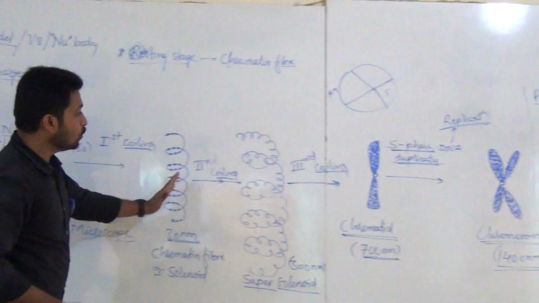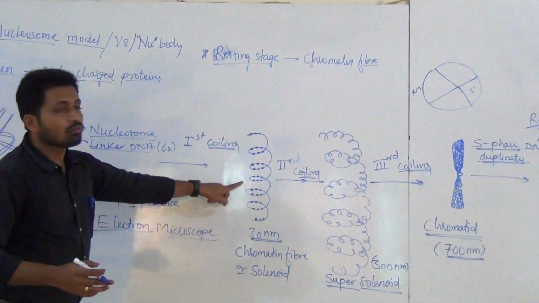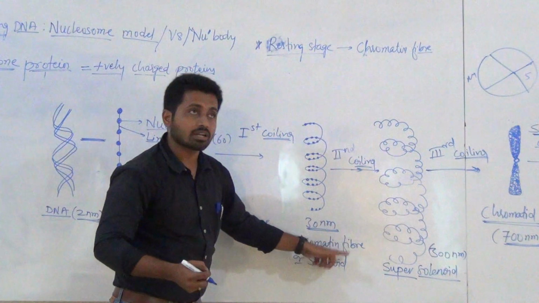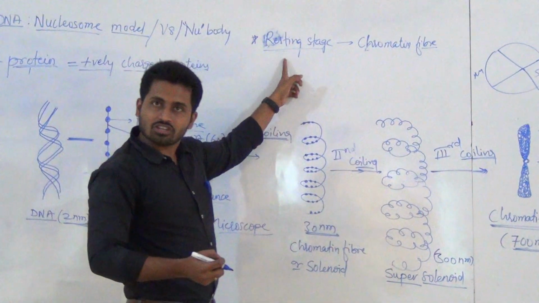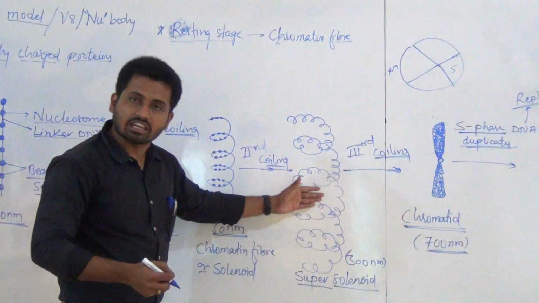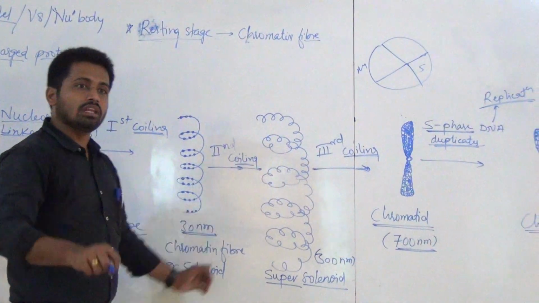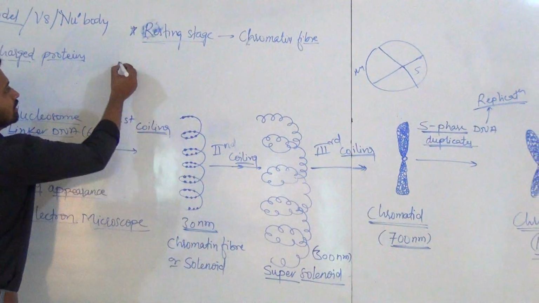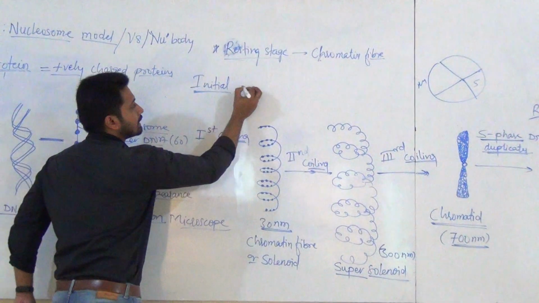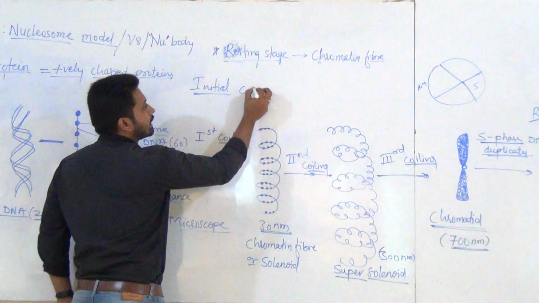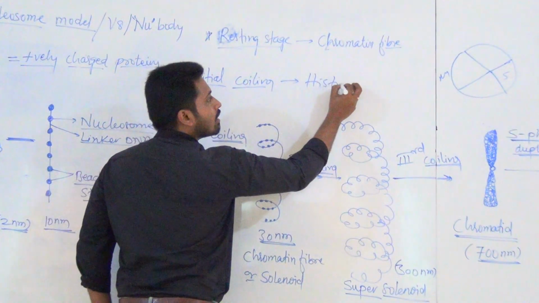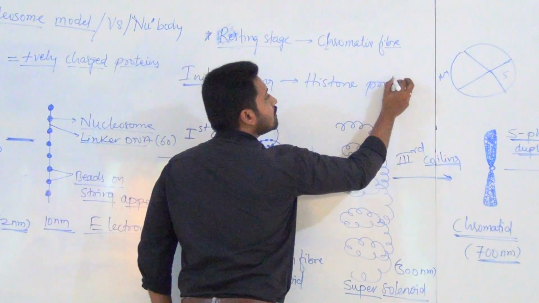Remember, who is helping here for the coiling? Who is helping up to chromatin fiber? This is in resting stage. After that, a high level of coiling is taking place here. Remember, initial coiling or packing is helped by histone protein.